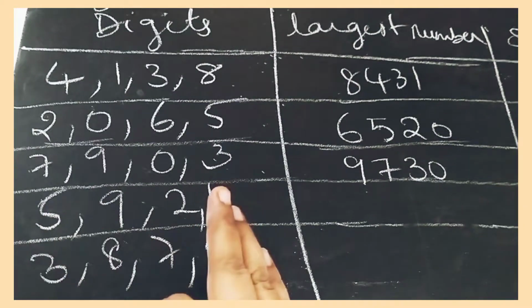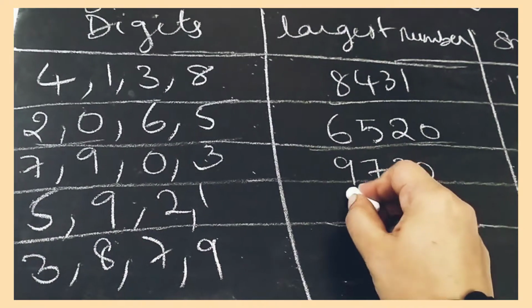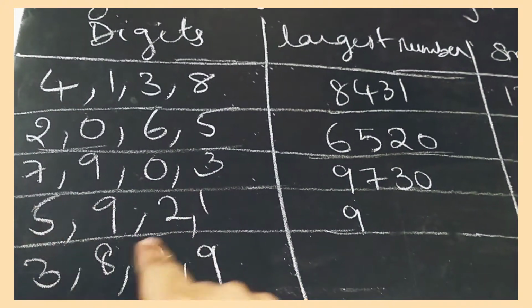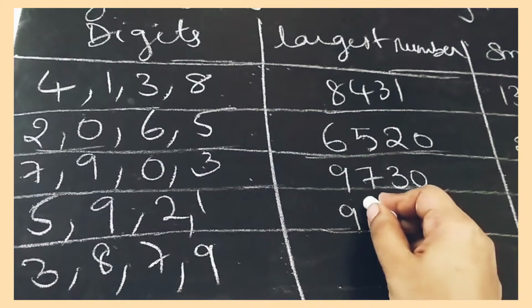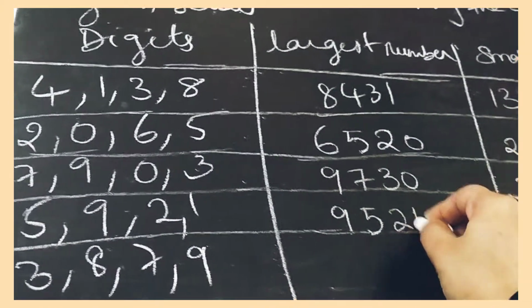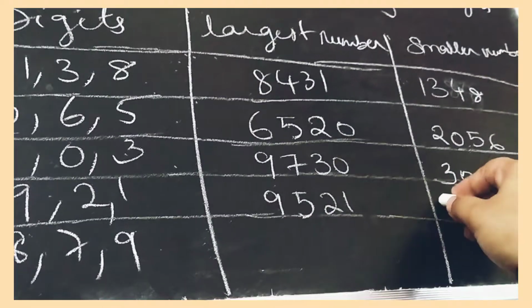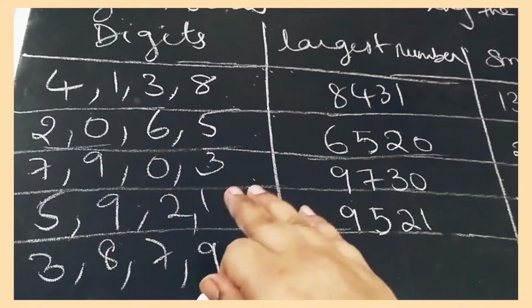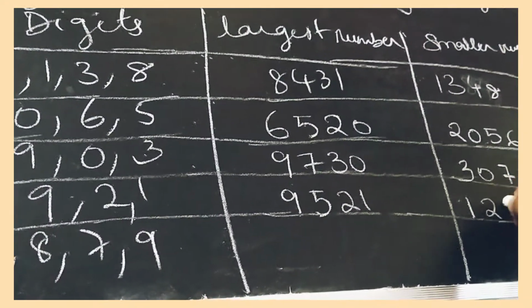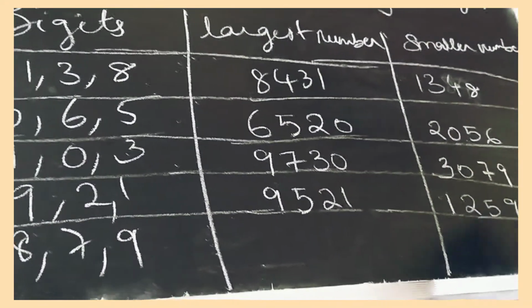So 5921. 5921 means 9 is the bigger number here. Then among 5, 2, 1, which is bigger? 5. So 9, 5, then 2, then 1. 1 is the smaller number among these 4. Then 2, then 5, then 9.